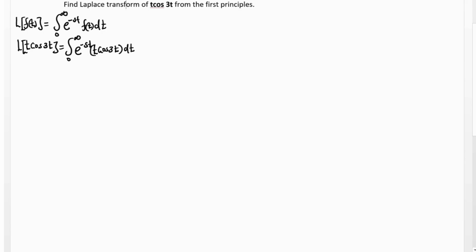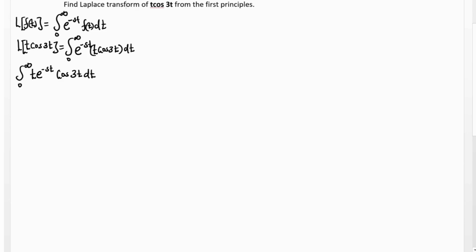We can write this integral as integrating from 0 to infinity t e raised to minus st cos 3t dt.